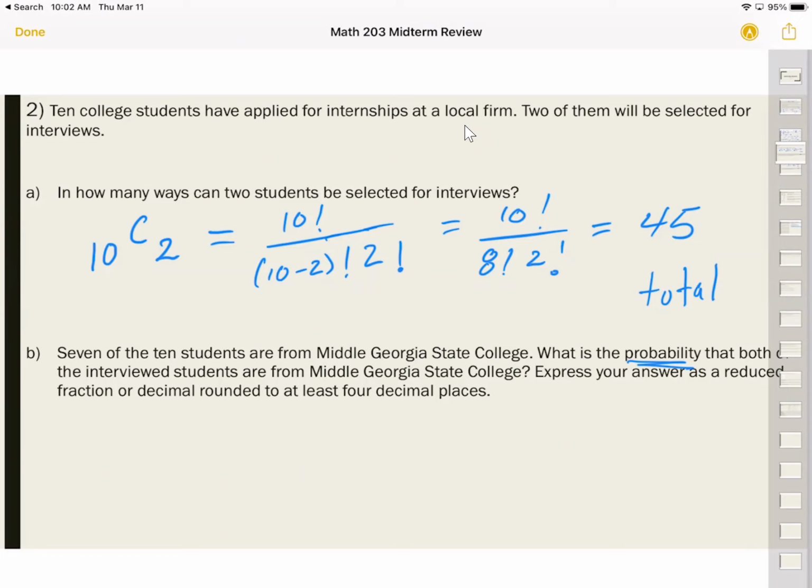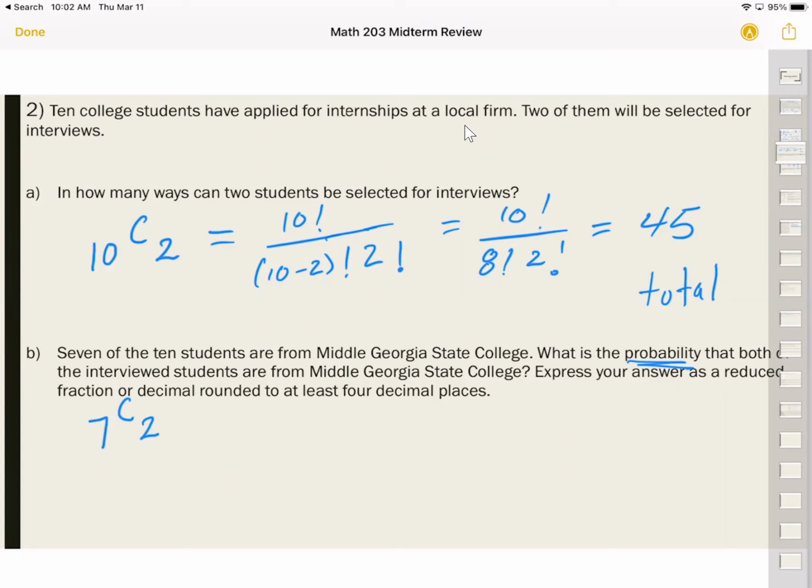So reminder, in order for us to find the probability, the first thing we need to know is how many ways we can select 2 students from the group of these 7 students. The total ways that we have is 45. Now, before we can find the probability, if I have 7 students and I need to choose 2, how many ways is this possible?